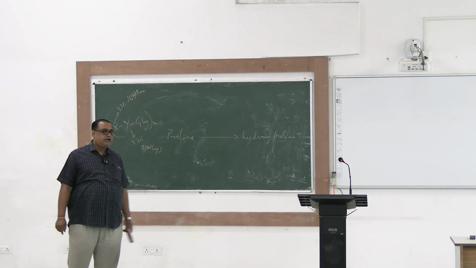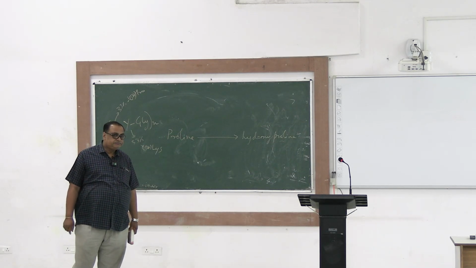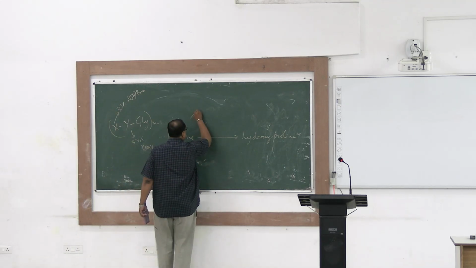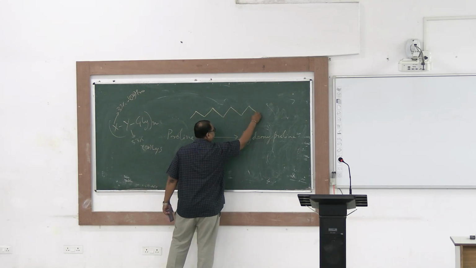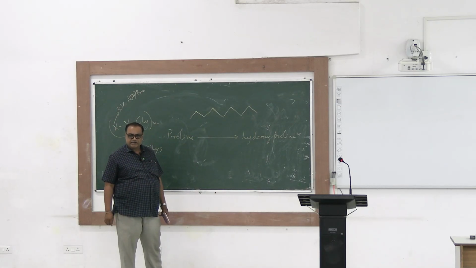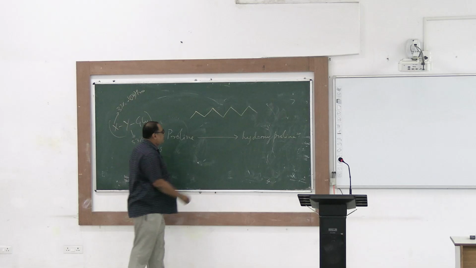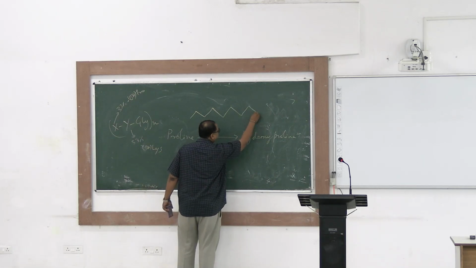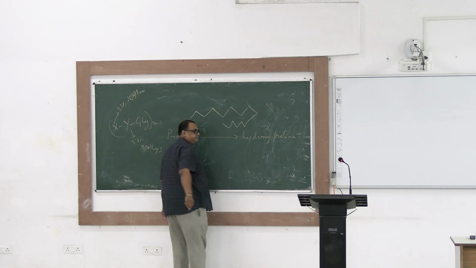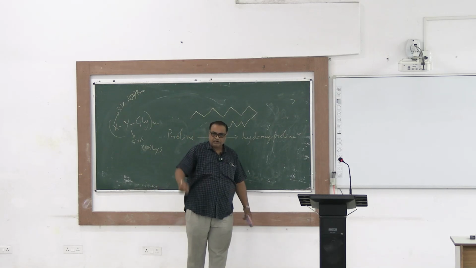Because proline is not a normal amino acid. Whenever we have a polypeptide chain with normal peptide linkages and we have proline, the chain changes like this, a turn.